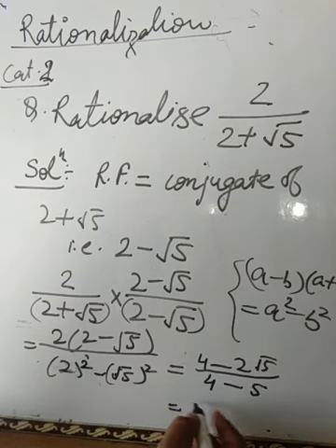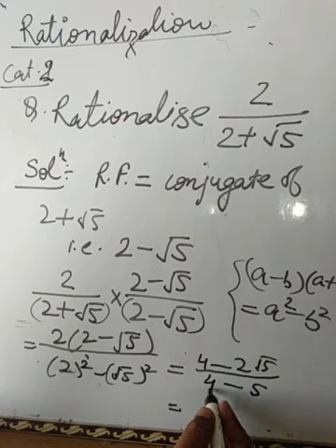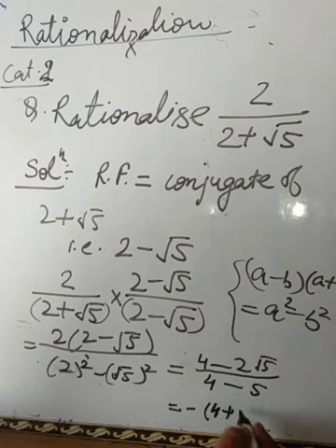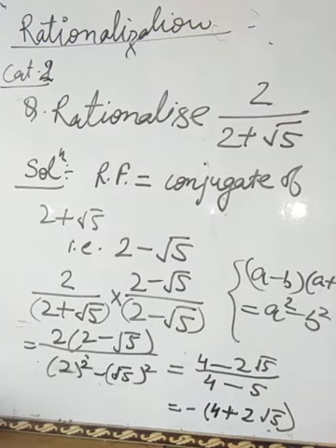So as a result, this will be 4 minus 5, minus 1, meaning we will write a minus sign, and 4 plus 2 root 5. And this is the complete solution of this question, correct?